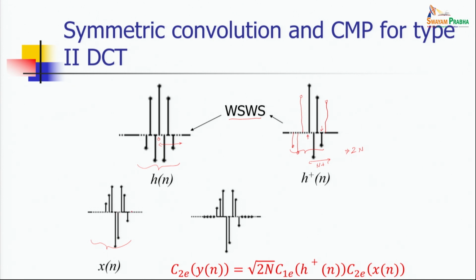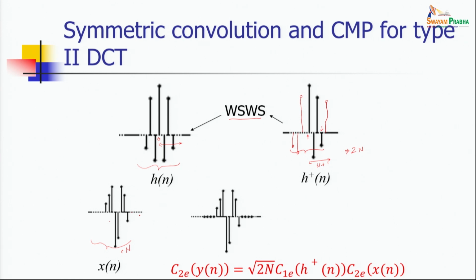Similarly, we consider a sequence x[n] of length N, and if I perform the half symmetric extension of this sequence, it will generate a 2N periodic signal. As you know, convolution between two periodic signals is equivalent to circular convolution, and it will also give you a periodic response, which can be expressed by circular convolution.